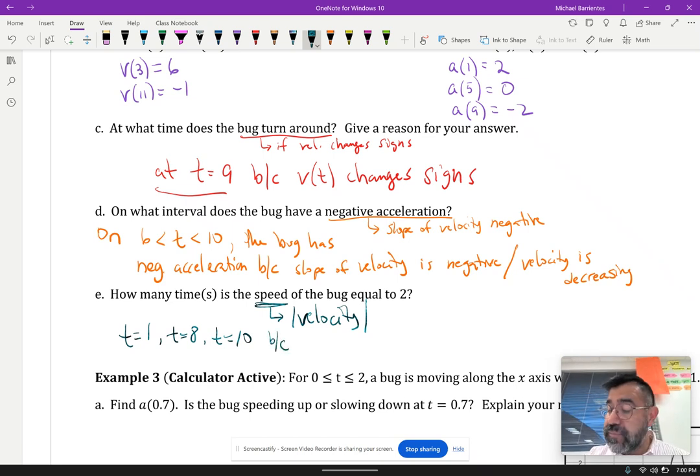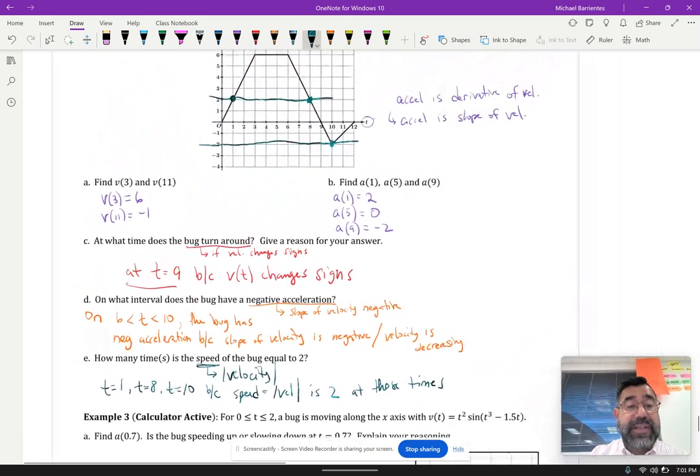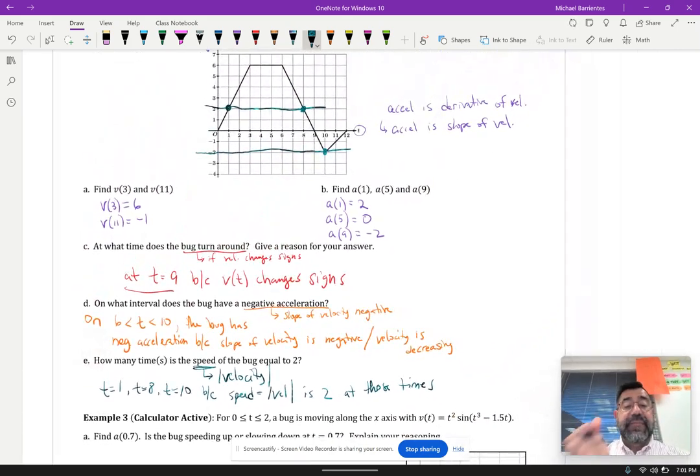Because speed is the absolute value of velocity, it is 2 at those times. And we finished example number 2. Just like that.